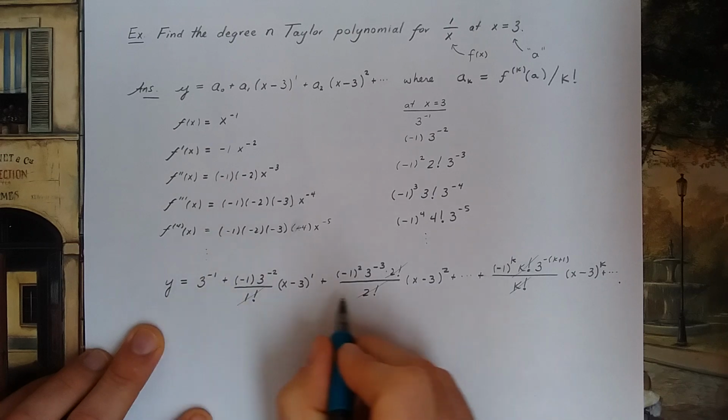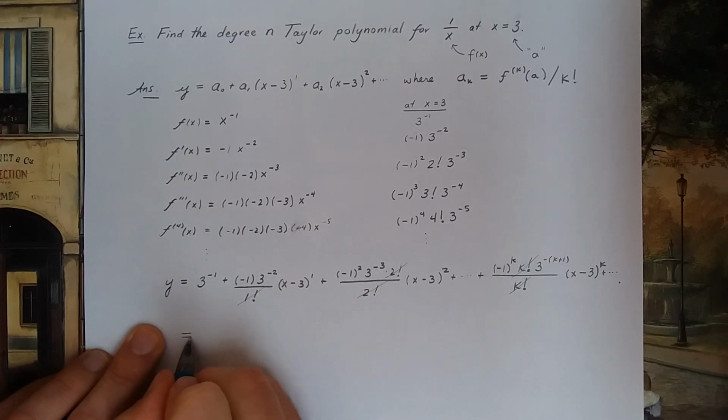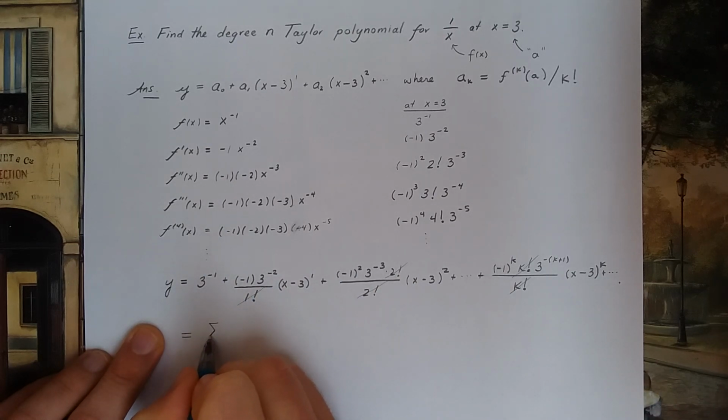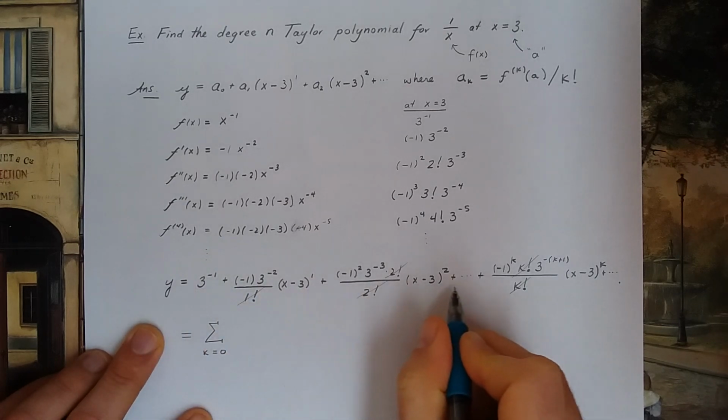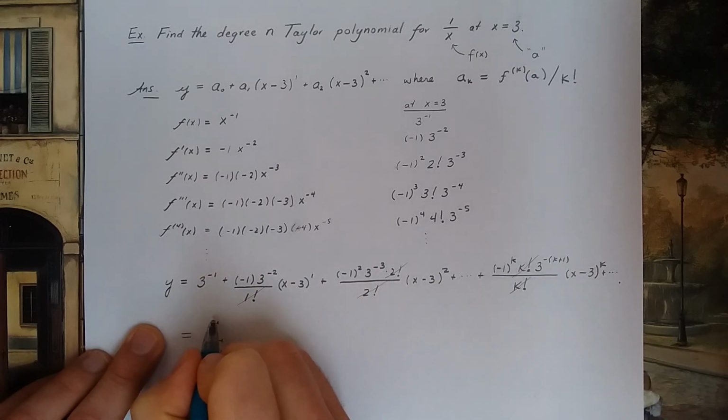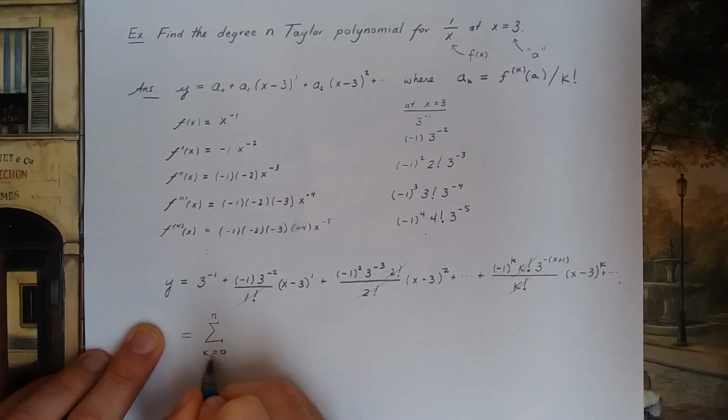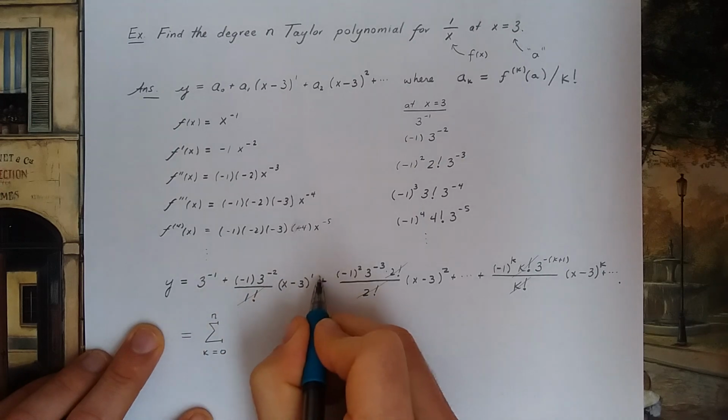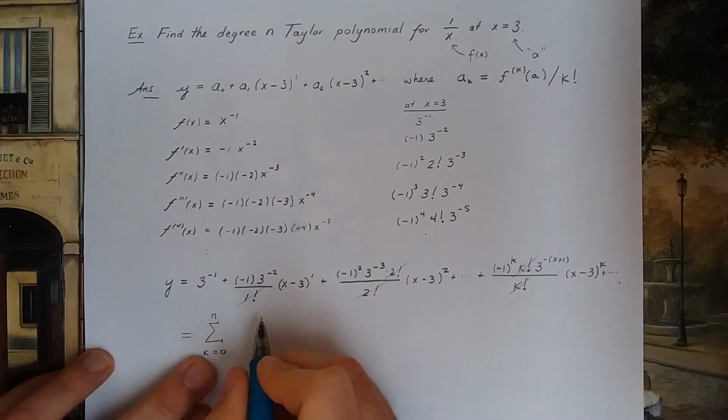And you could even write this in a simpler form. Let's use sigma notation this time. So sigma notation will just help us write this whole polynomial out in an easier way. So I'm going to do the sum k going from 0 to n. K is going to be my exponent here.